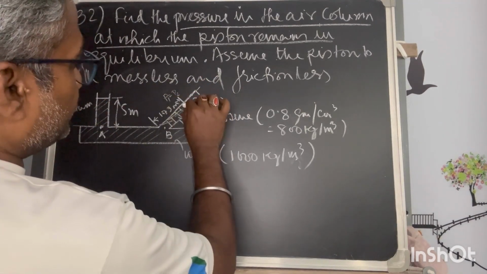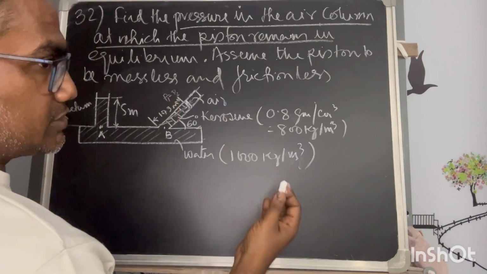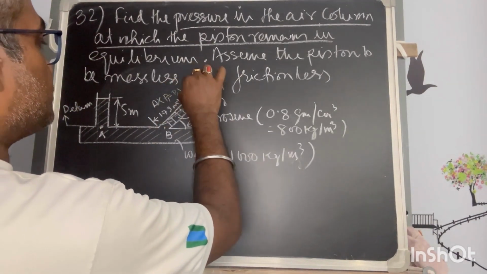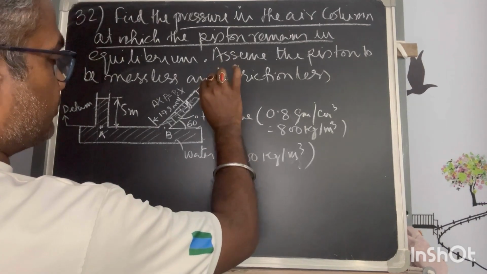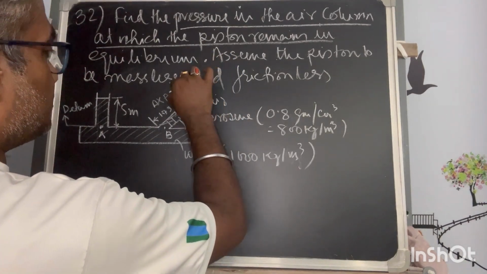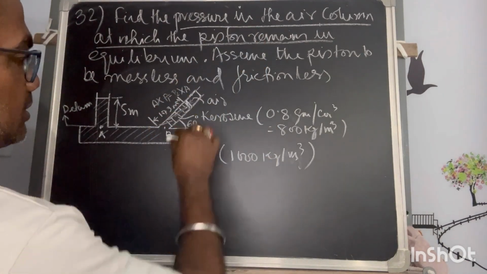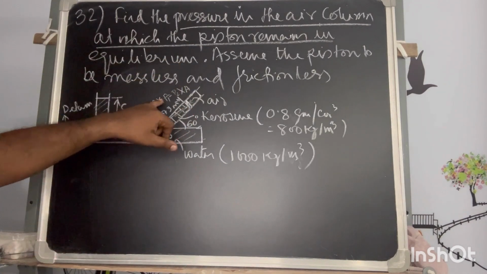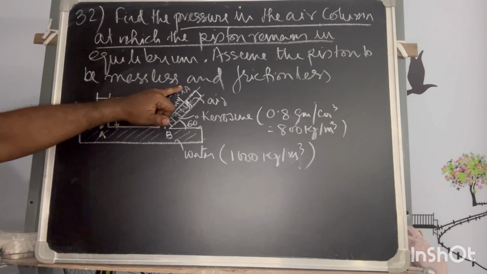Why will it not move? Because the cross section of the piston is the same on both sides. That means the area multiplied by P1 exerted from the bottom, and the area multiplied by P2 exerted by the air pressure entrapped in the cylinder, are in equilibrium. The forces are the same. So these are the concepts.